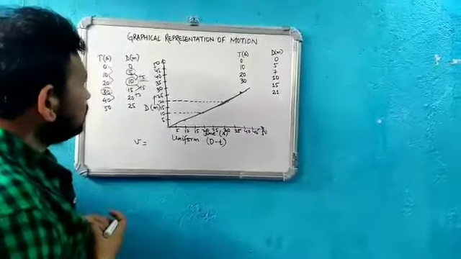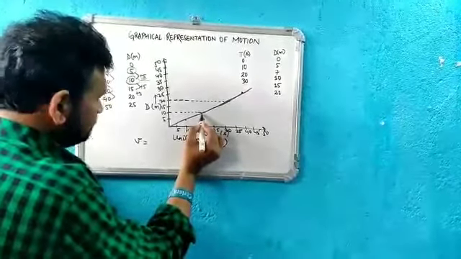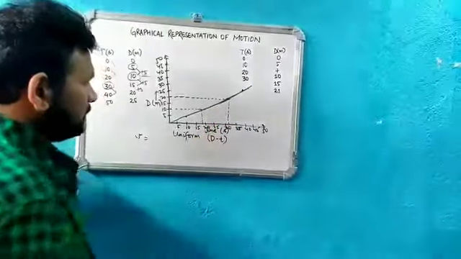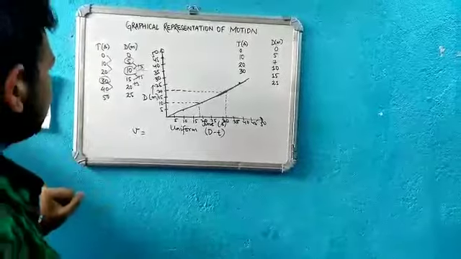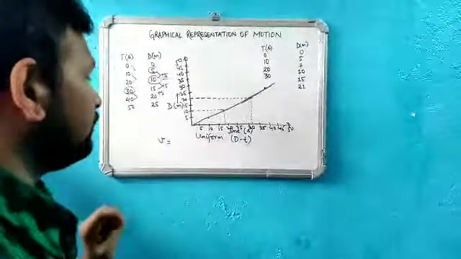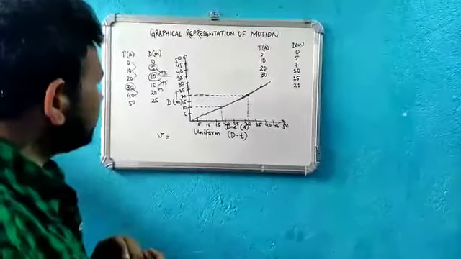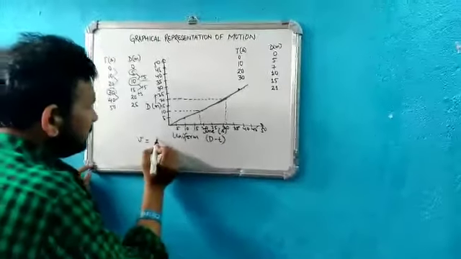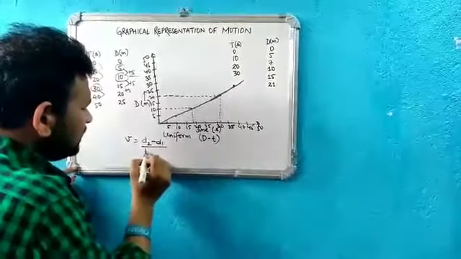Now if you consider 20 and 10, we can make a graph out of it, so that if we take the slope of it, we'll get our velocity. Velocity is the rate of change of displacement, isn't it? So it will be d2 minus d1 divided by t2 minus t1.